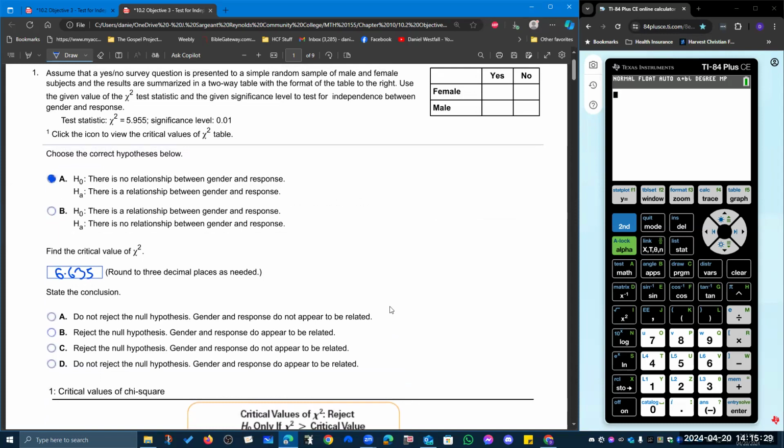Then we compare our test statistic, 5.955, and that's less than our critical value. So we do not reject our null hypothesis, and we say that they don't appear to be related.